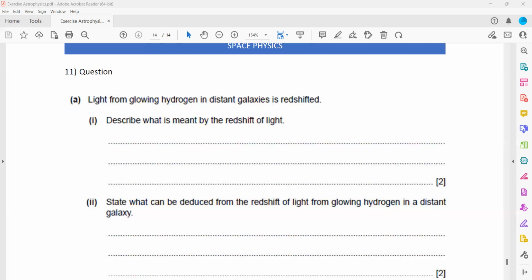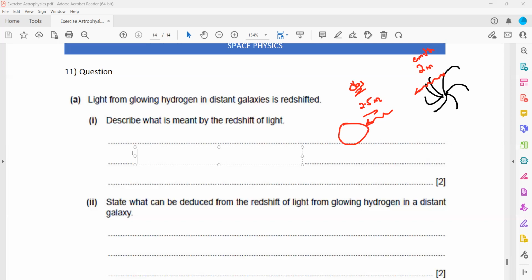Say a galaxy has hydrogen or helium, or any other element, and that element is emitting a wavelength of 2 meters. This is just an example. But when we receive it on Earth, we don't receive 2 meters. It appears like 2.5 meters. It's not that what is emitted is longer. It's what we observe that is longer compared to what is emitted. So we call that a redshift.